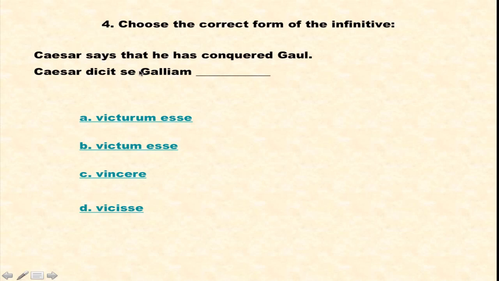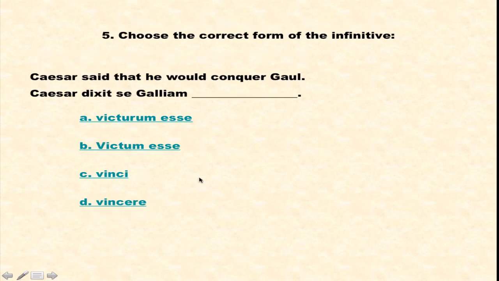Says, present tense. He has conquered. That's time before, and it's active. That is also vicisse. Caesar said that he would conquer Gaul. Said is a past tense verb. Would conquer is going to be time after. So future infinitive, victurum esse.